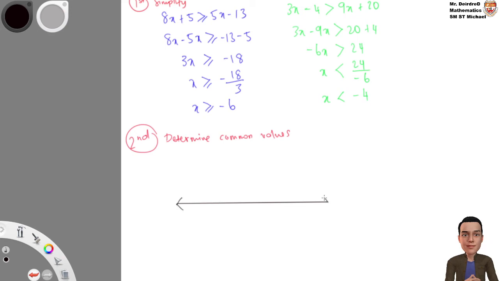So we have negative 6 and negative 4. Since negative 6 is smaller than negative 4, negative 6 is on the left side and negative 4 is on the right side.